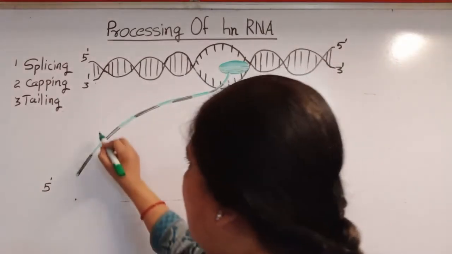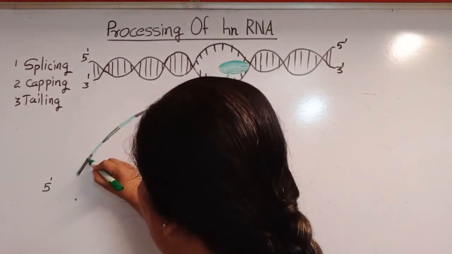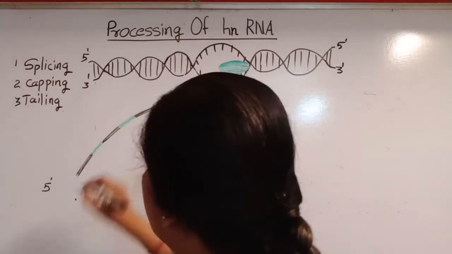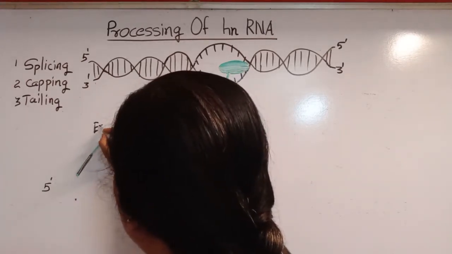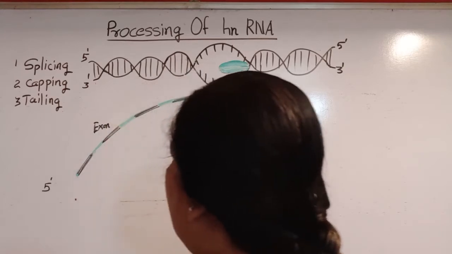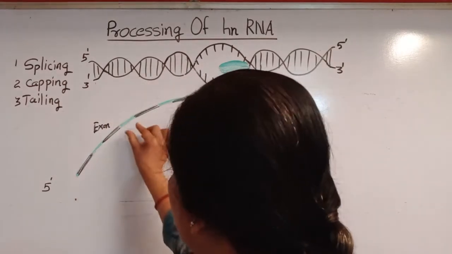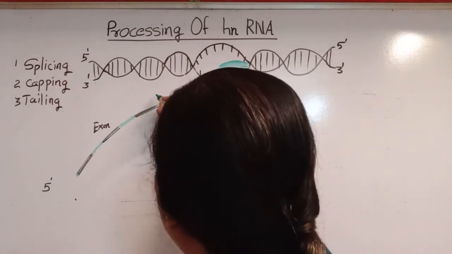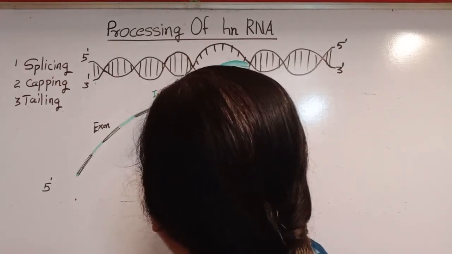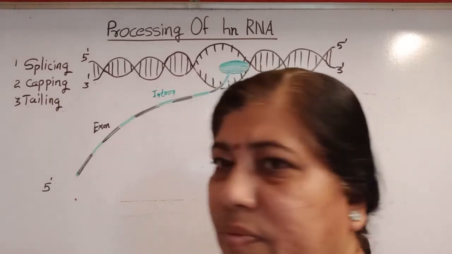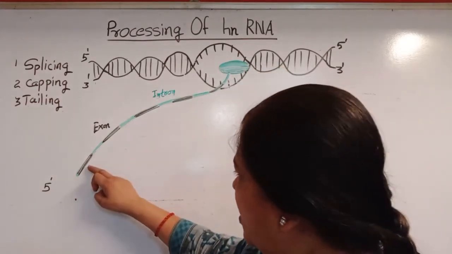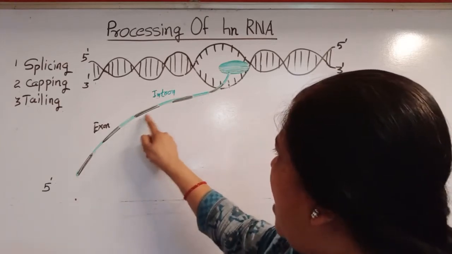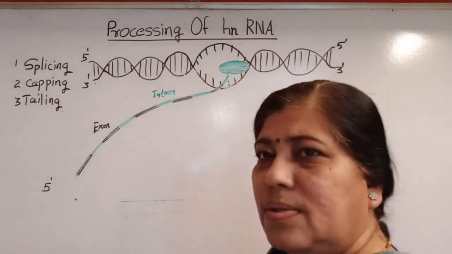So these are exons which are shown by black color, and the sequences which are represented by green color, these are introns.